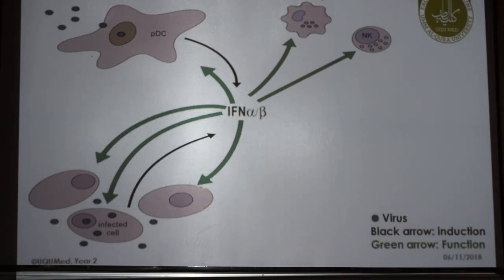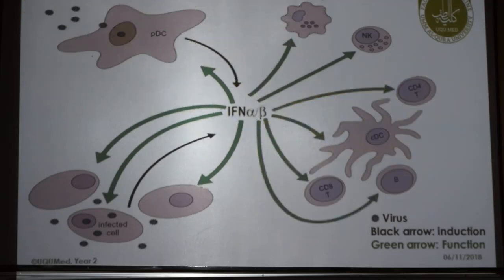By activating macrophages, natural killer cells, CD4 cells, and conventional or classical dendritic cells, CD8 cells, B cells. So basically they are now telling all the other cells of the adaptive system and of the innate system, macrophages and dendritic cell of the innate system, B cells and T cells of the adaptive system, that the virus is inside your body.